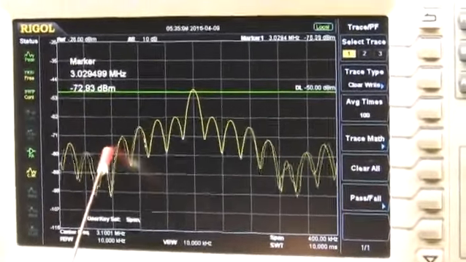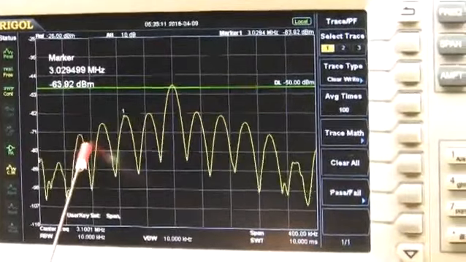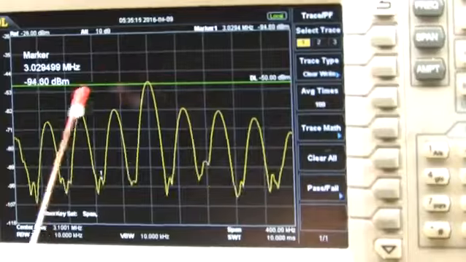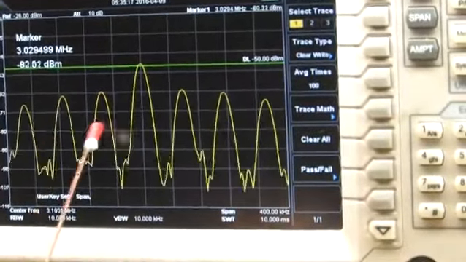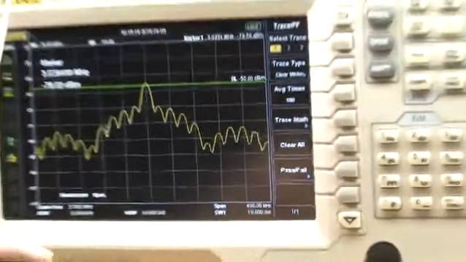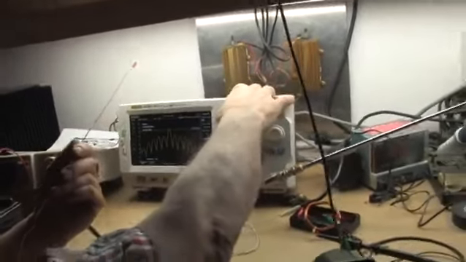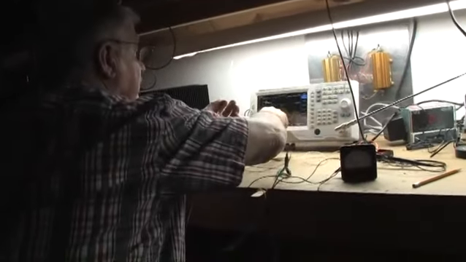Watch. See, it's at the second band that it's got the most power. It won't hit it here. Yeah. Now, we might be able to tighten this in. But it's going to show you all these generations.